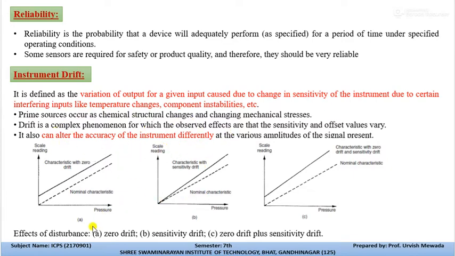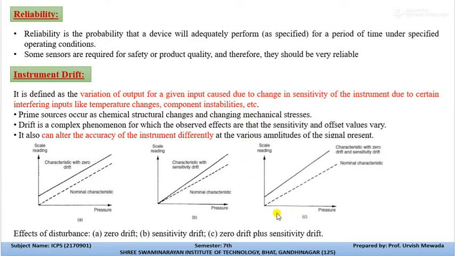Over here you can see zero drift, then sensitivity drift, then zero drift plus sensitivity drift. Here you can see the normal characteristic and the characteristic with zero drift, where both are in proportion, and both start from zero but go somewhat far apart after a certain period of time.